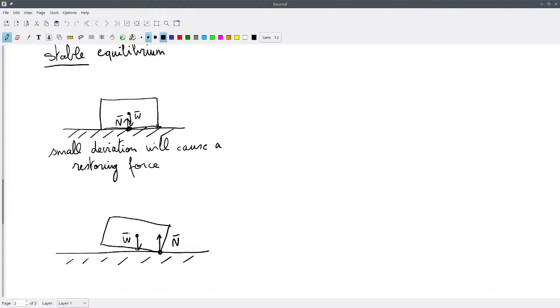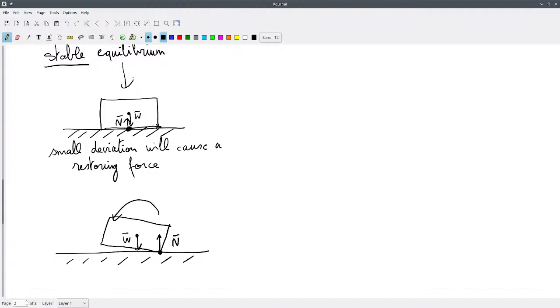The normal force is now not a distributed force anymore. It becomes a point contact force. And so with these two forces, because they're displaced from each other, they will cause a torque that is going to be pointing in this direction, and that will bring the box back to its stable equilibrium position of being flat on the floor.